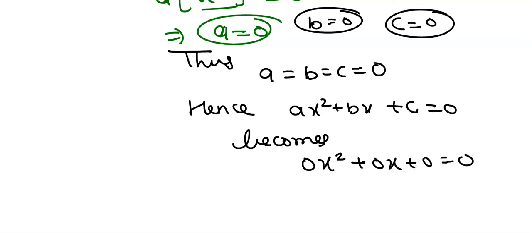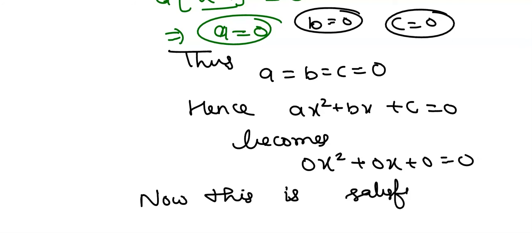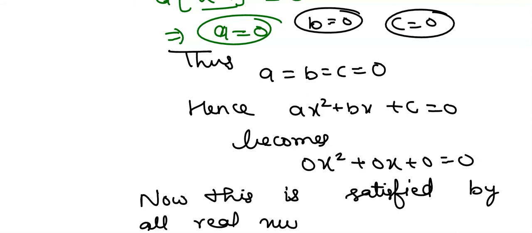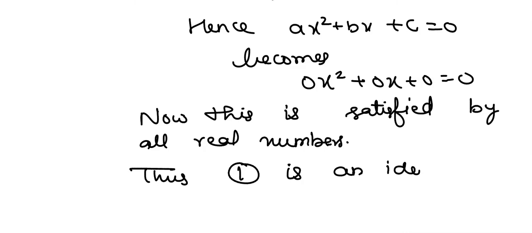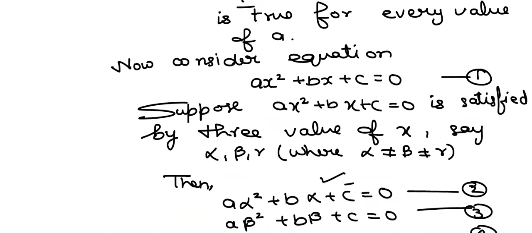Now this is satisfied by all real numbers. You can write, thus equation 1 is an identity equation. Okay, you can say that that is an identity equation.